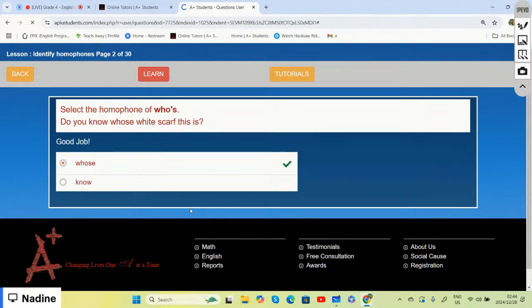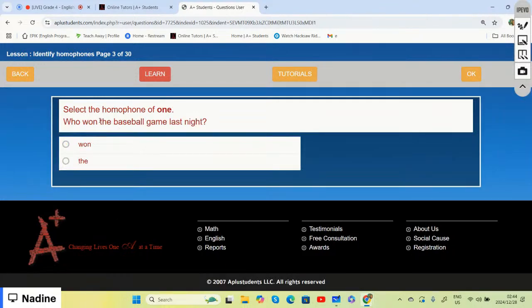Let's look at the next one. Select the homophone of one. It says, who won the baseball game last night? Is it option one, one, or option two, the?